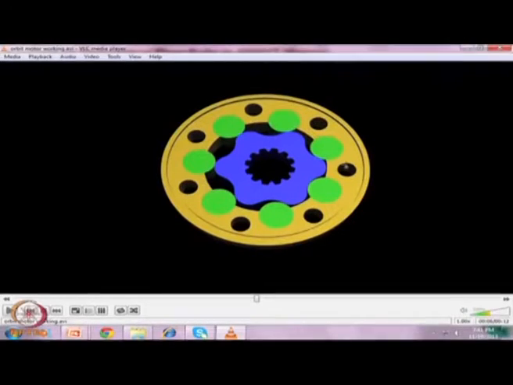In this case we have taken 7 and 6, so pi divided by 42, which is around 4.3 degrees, or 4.27 degrees, after which this chamber will be at its bottom dead center, that is, the maximum volume.